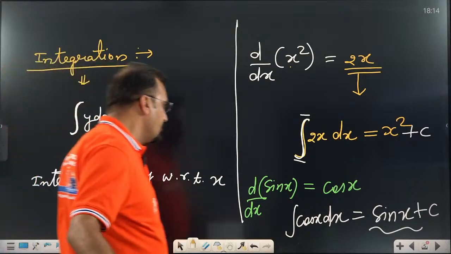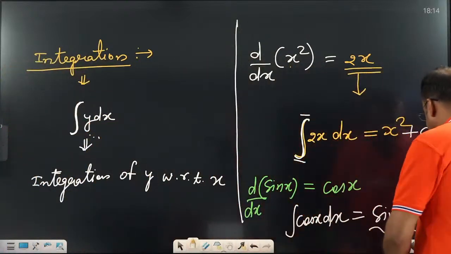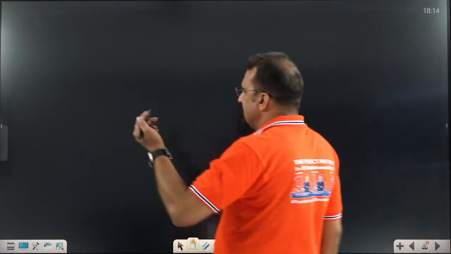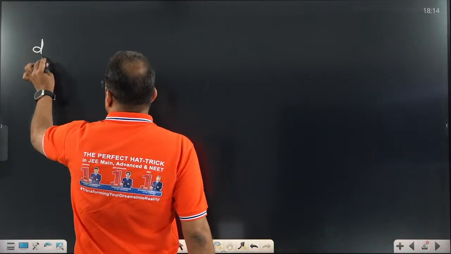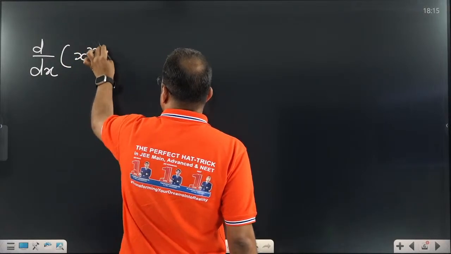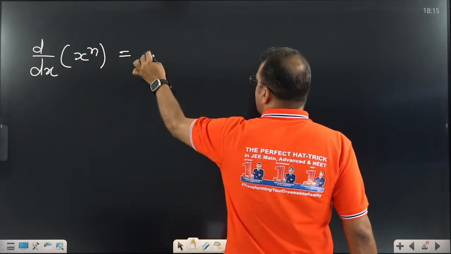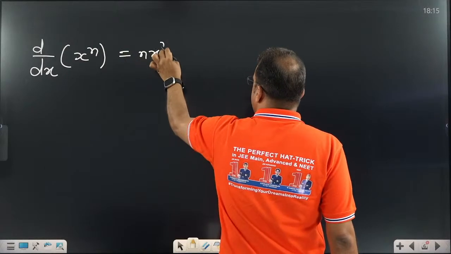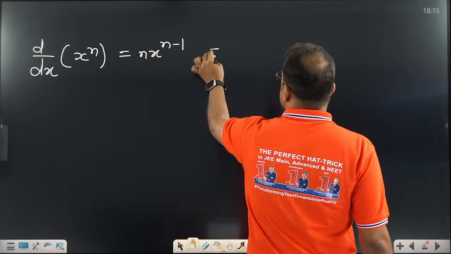Okay. See, now take the example for the same questions. I think you know. Let us do differentiation so that it will revise again. D over dx. What is the differentiation of x power n? Tell me first. N into x power n minus 1. What is the meaning of this?